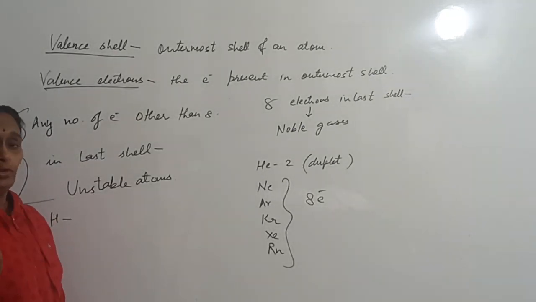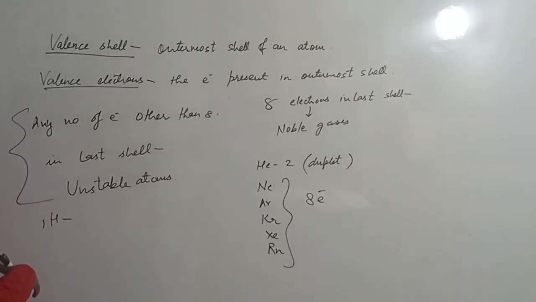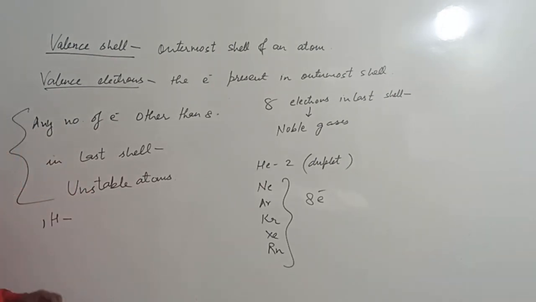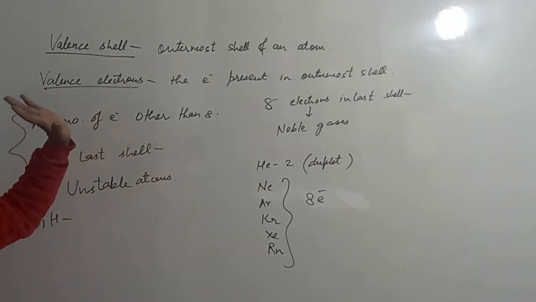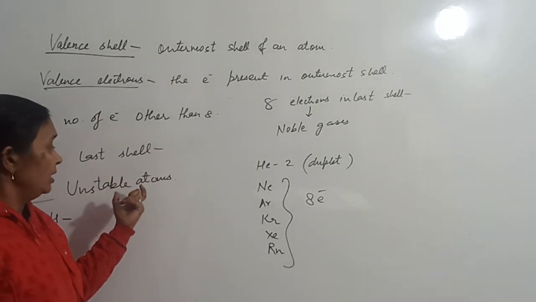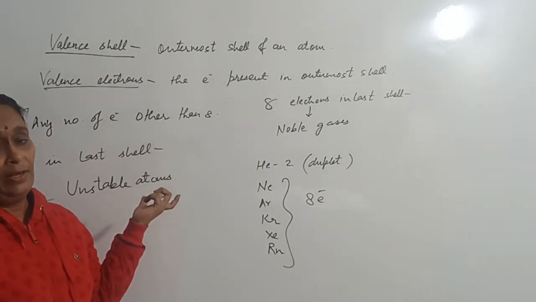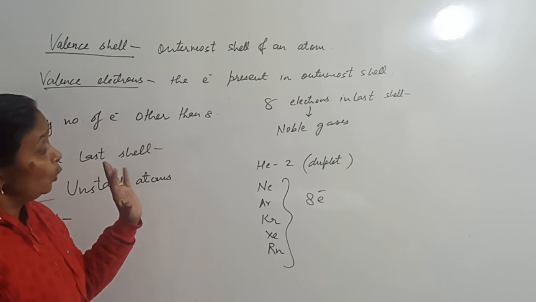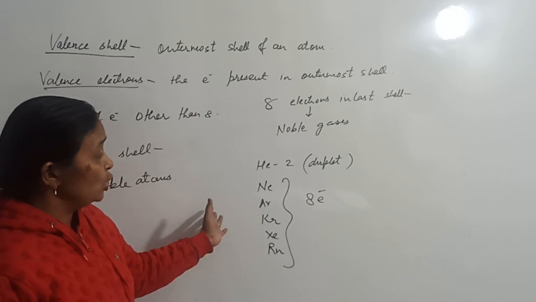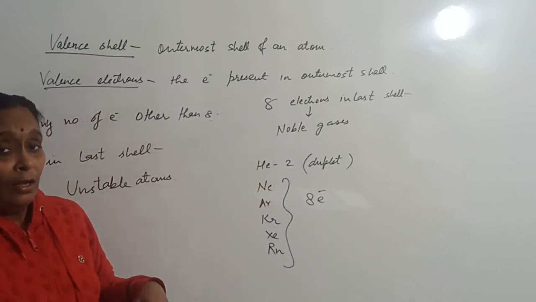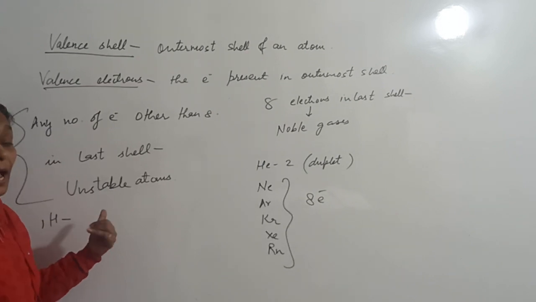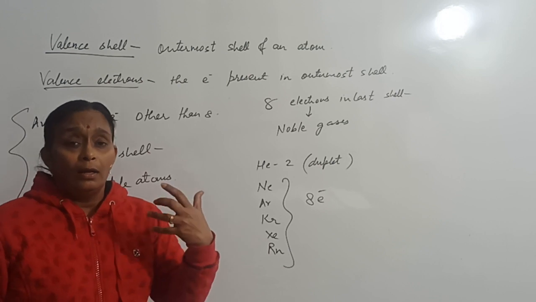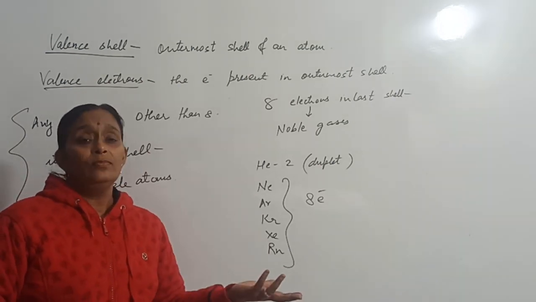In 1 shell it will have 2 electrons and become stable. So except for hydrogen, which becomes stable with 2 electrons in the outermost shell, if there is any other number of electrons other than 8 in the last shell, then atoms are known as unstable. Then those atoms try to become stable by attaining the stable electronic configuration of their nearest noble gas. They will lose, gain or share electrons, and while losing, gaining or sharing electrons, they form a kind of bond between other atoms.